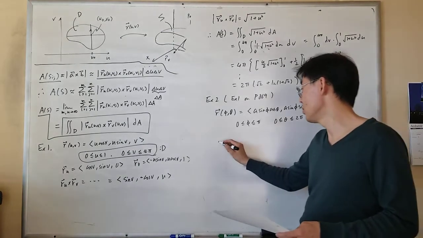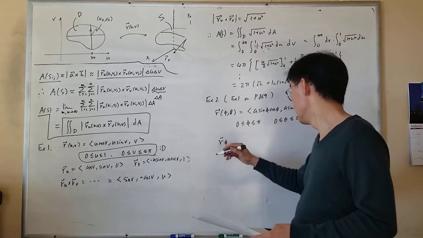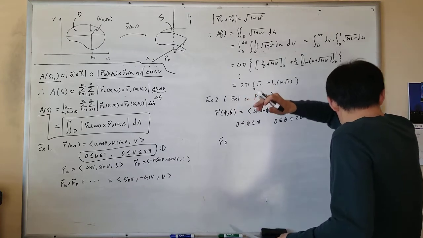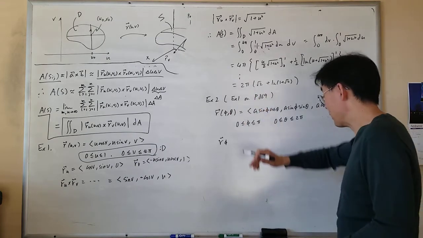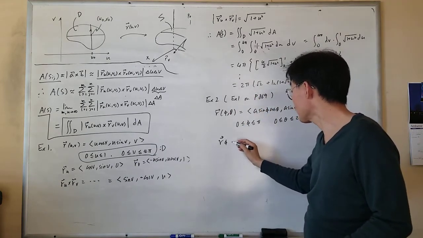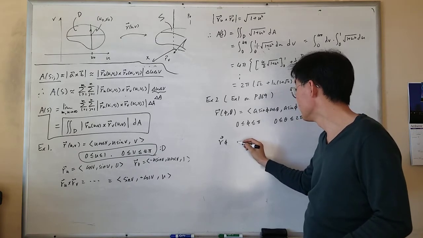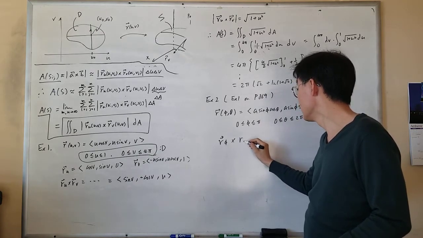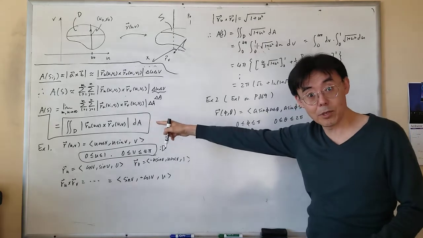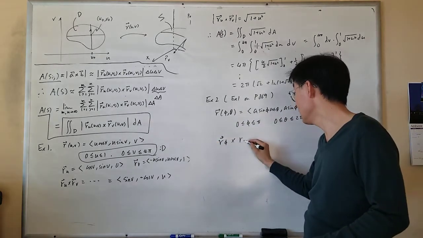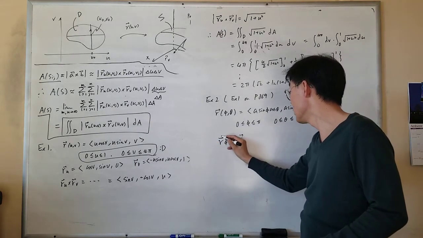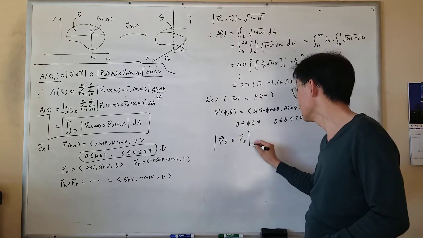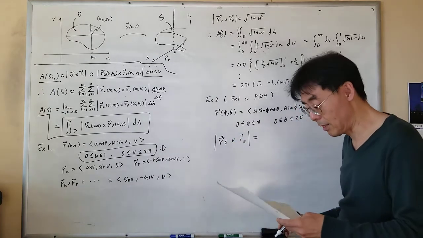So what you have to do is calculate r sub phi and r sub theta instead of r sub u, r sub v, take the cross product, and take the magnitude.